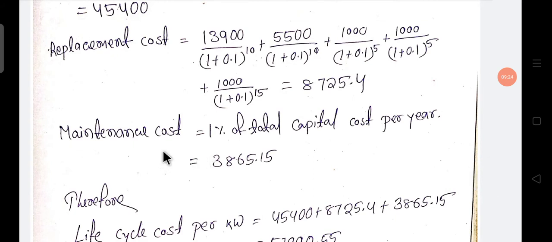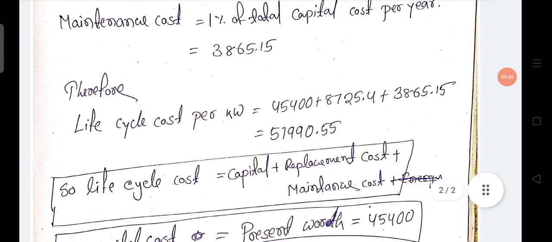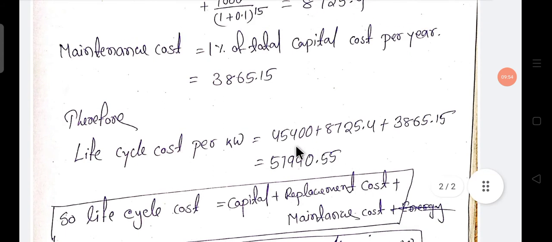For maintenance cost we take 1% of the total capital cost per year, which is 3865.15. Now the life cycle cost per kilowatt: remember this formula, life cycle cost is capital plus replacement cost plus maintenance cost. Here capital is 45400, then the replacement cost is this, and the maintenance cost is this.